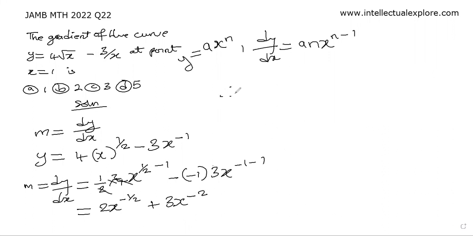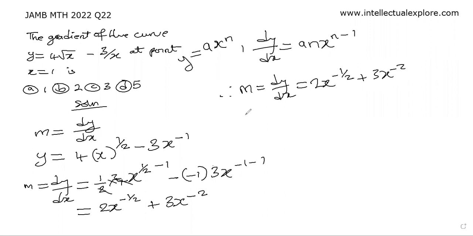So therefore, our gradient m, which is dy/dx, equals 2x raised to the power of minus a half plus 3x raised to the power of minus 2. So we are not there yet.